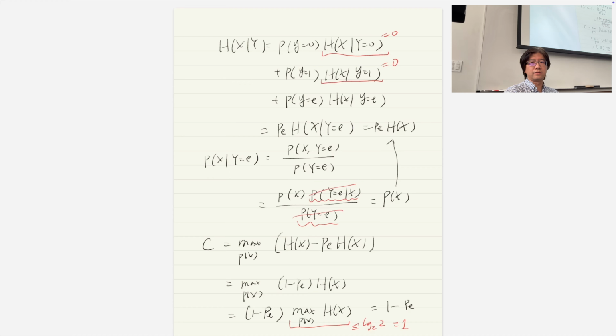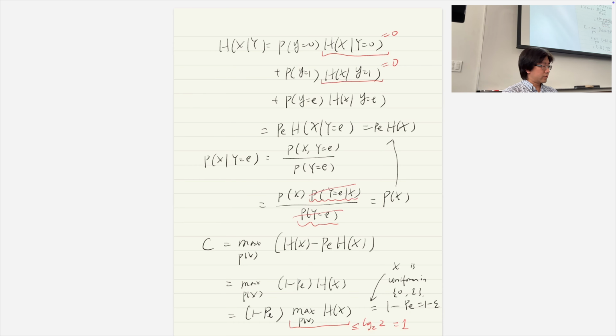Pe is basically epsilon, or 1 minus epsilon. And this is achieved when X is uniform in 0 and 1. Okay, then we're done.